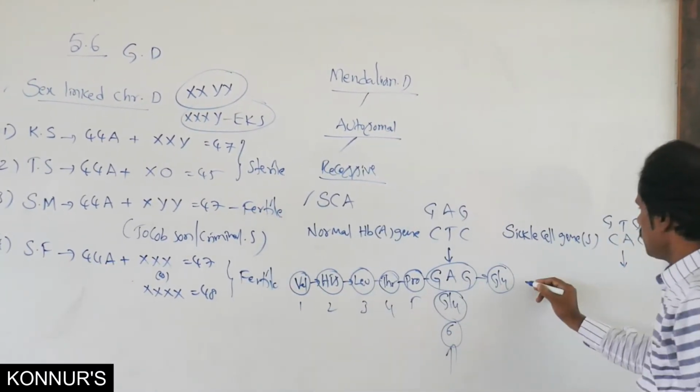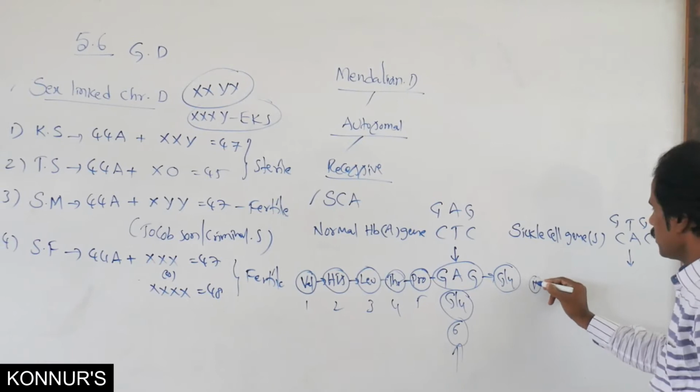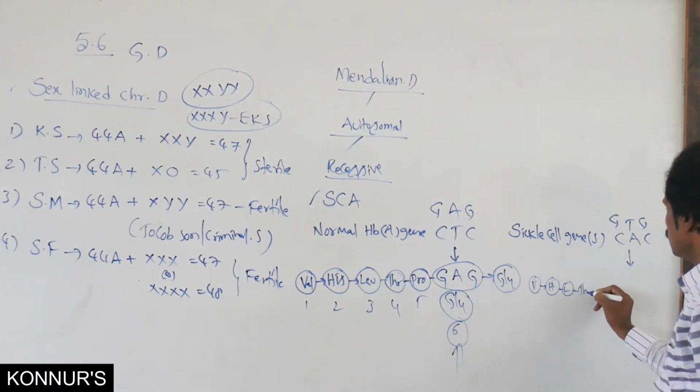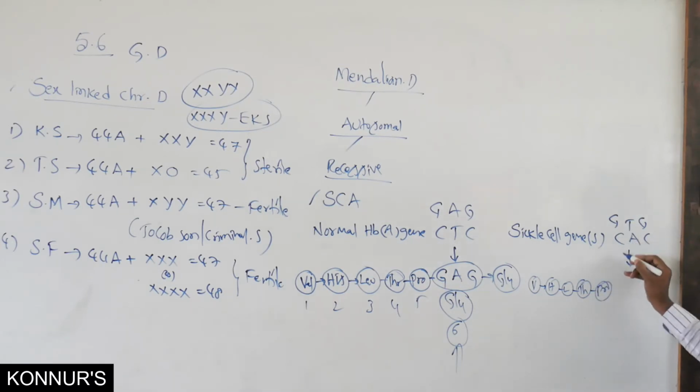This as usual will be valine, histidine, leucine, threonine, proline. Here, guanine, uracil, guanine, that means valine.